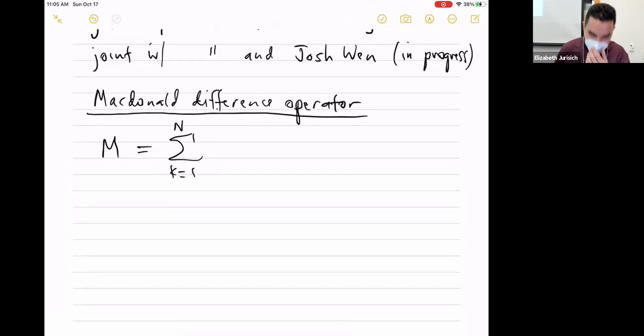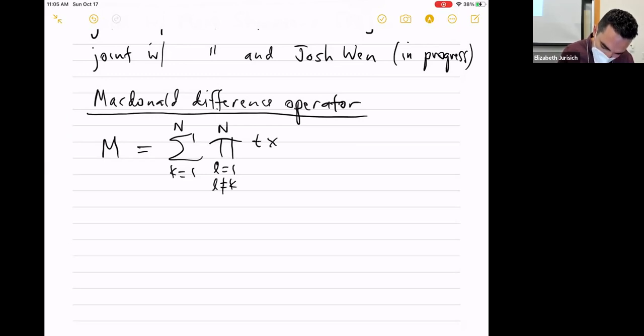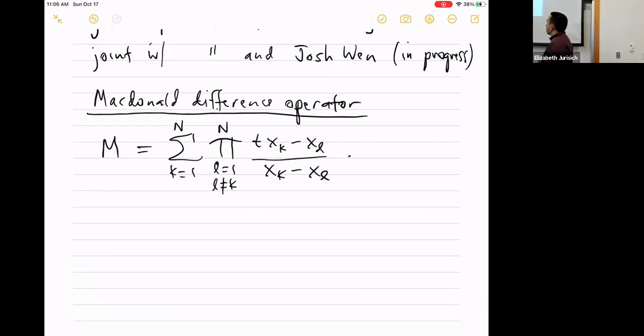And it's a very explicit difference operator. So there's a rational function here. l goes from 1 to n, l is not equal to k. And you have parameters q and t. So we have (t x_k minus x_l) divided by (x_k minus x_l). So that's a rational function.